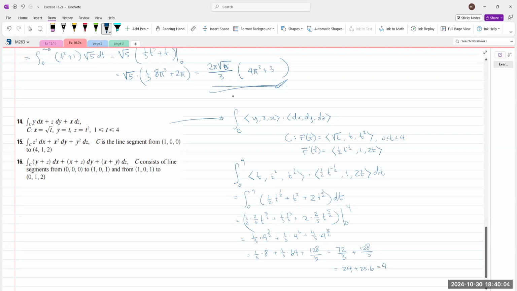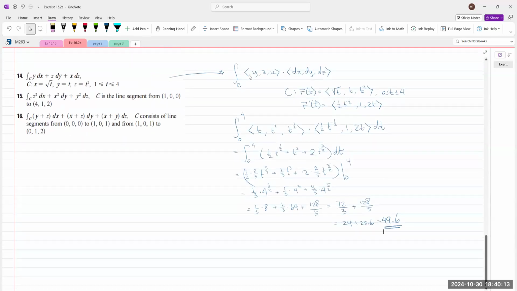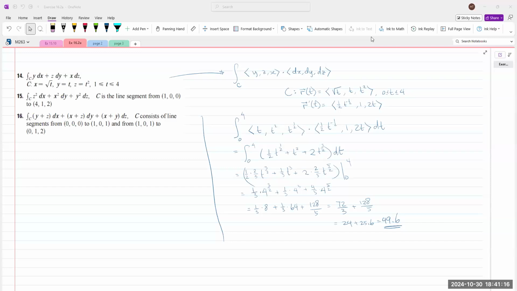So that's 49.6. Leave it as a fraction if it is not a nice decimal. Okay, that's for number 14.